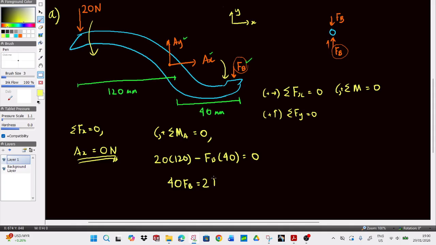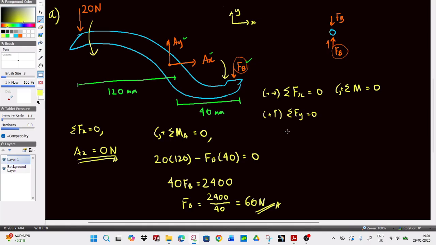So FB equals 2400 divided by 40, which is 60. So the clamping force acting on the wire is 60 newtons.